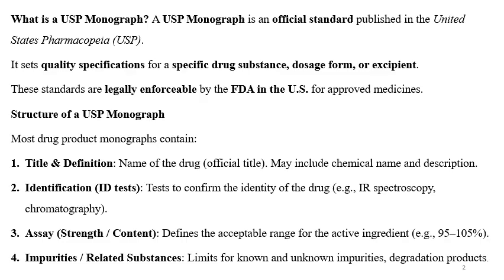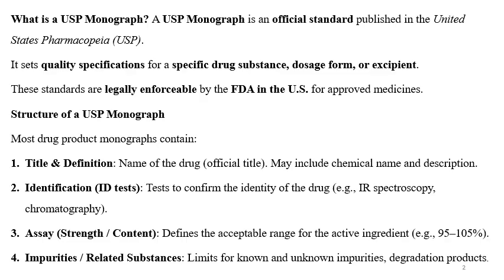If you are working on a tablet, it will be the label claim, and if you are using the monograph for API, then it will be the content or assay. Generally it is 90 to 110, sometimes it is 95 to 105, and sometimes it may differ. It is based on the formulation.